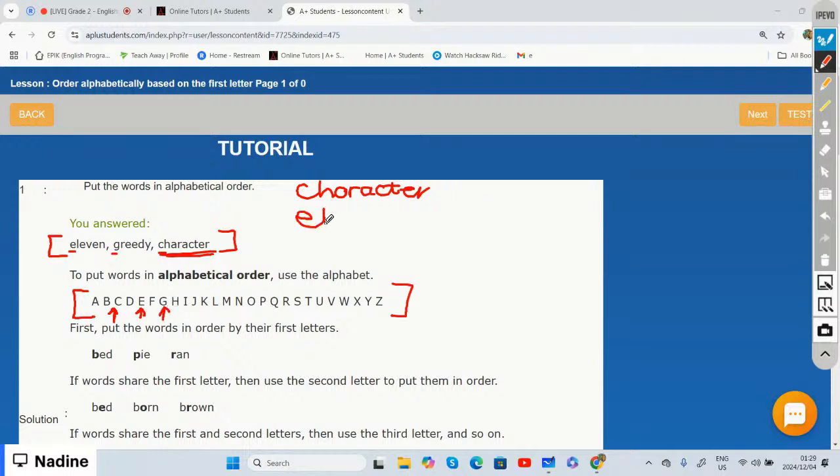So then we have eleven, and then we have G for greedy. And that is how we put the words in alphabetical order. Yes, well done.